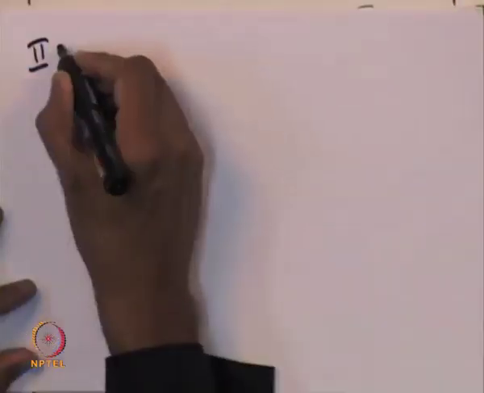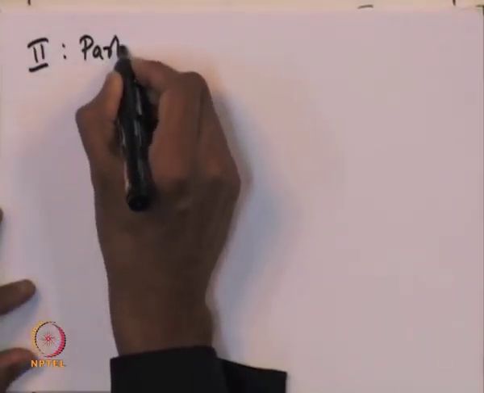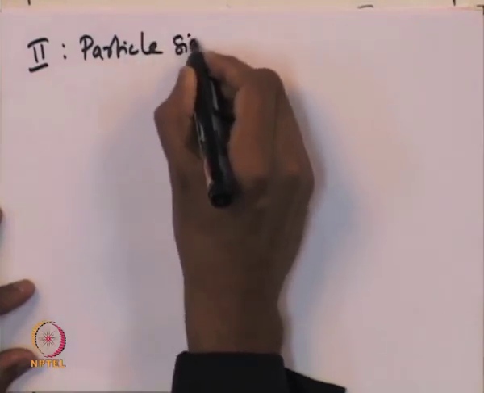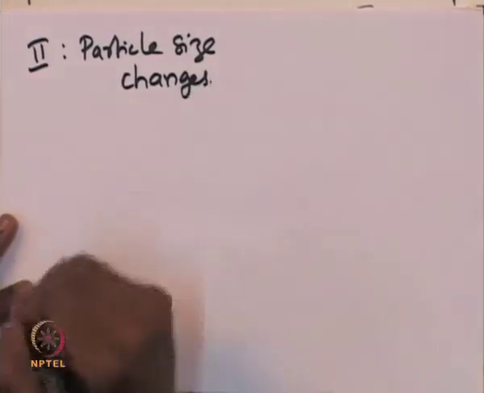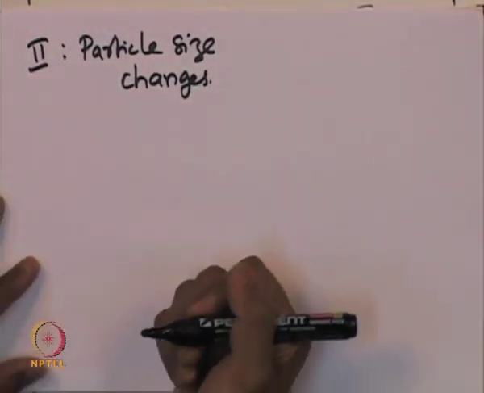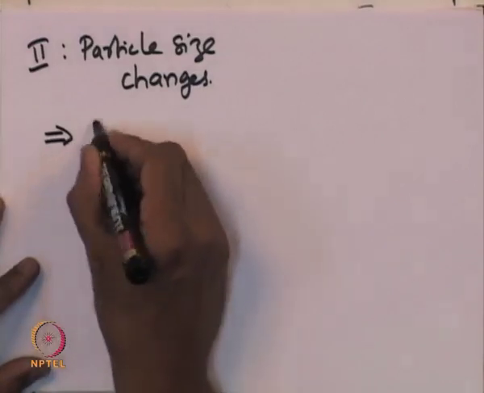So, now the second mode is where the particle size changes. Now, if particle size changes, it immediately implies that there is no ash layer.